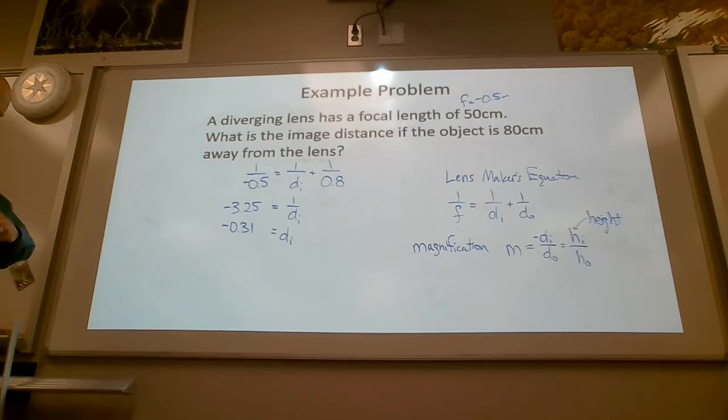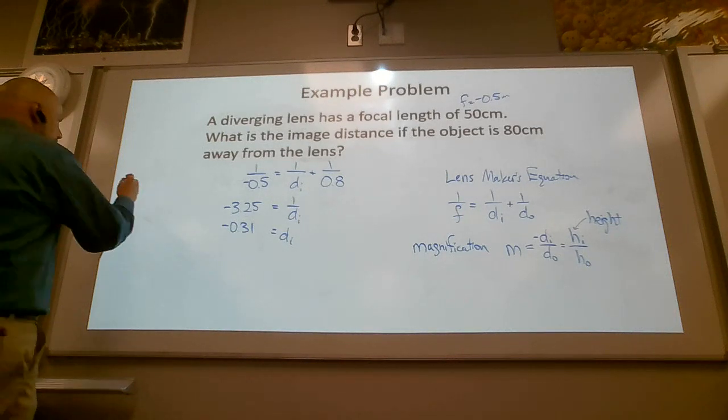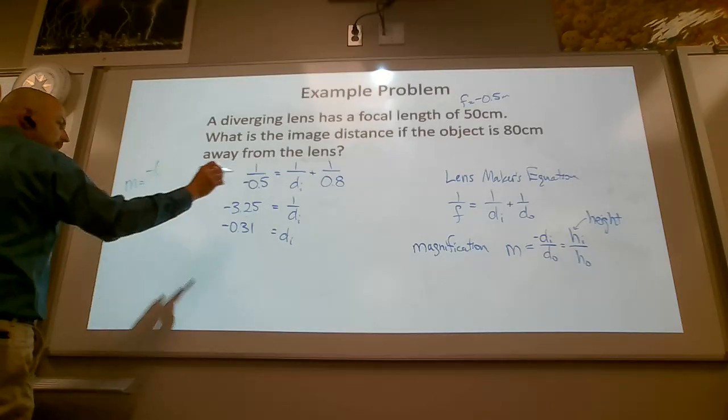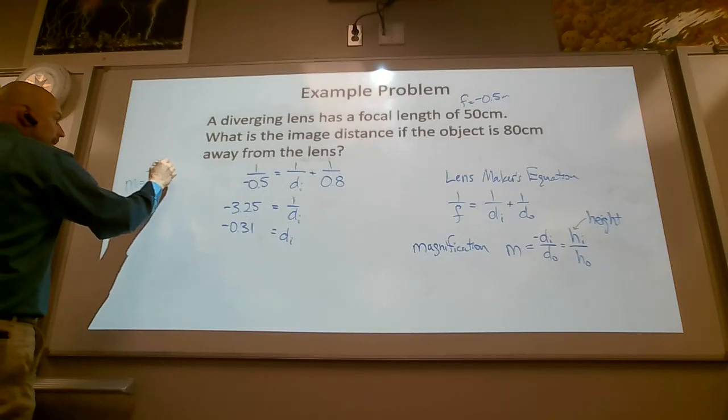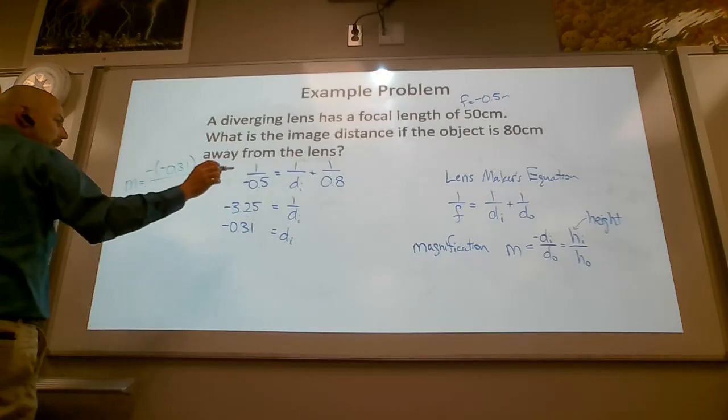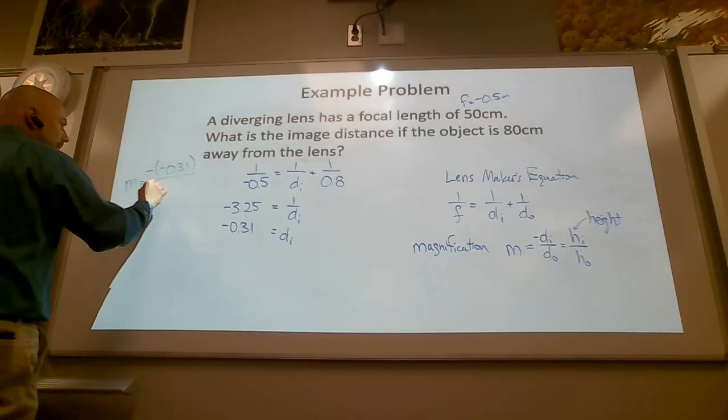Okay. If we were trying to find the magnification, we just do a negative, because that's part of the equation, negative negative 0.31 over object distance 0.8.